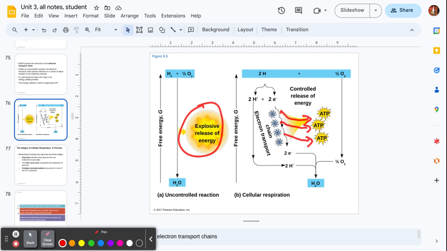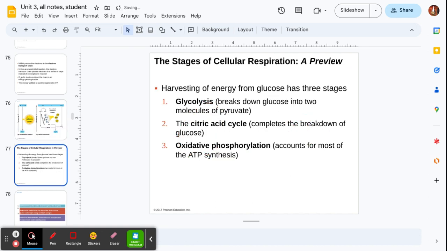And so cell respiration, the process of taking your food and turning it into an energy source that your body can actually use, is not a one-step process. There's lots and lots of little steps to that. And so today we're going to look at a couple of those steps, starting with this thing called glycolysis.